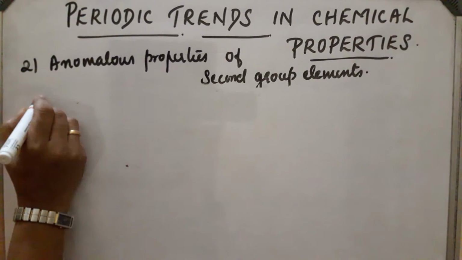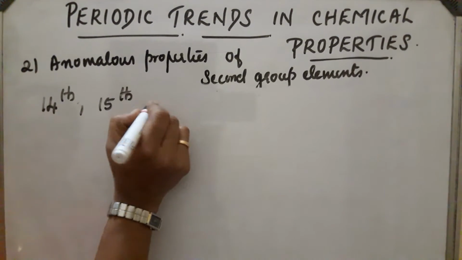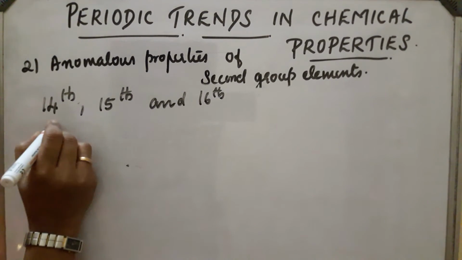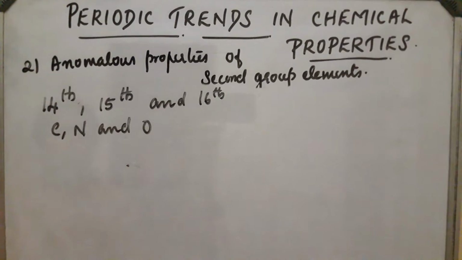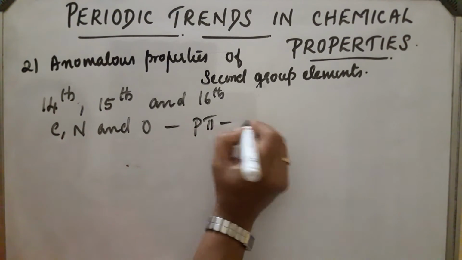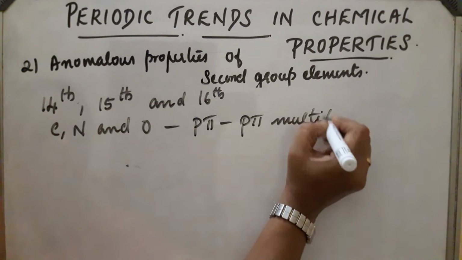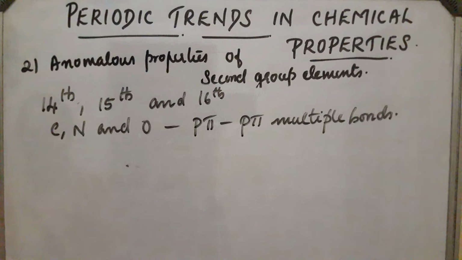Next groups, that is 14th, 15th and 16th group. The first elements are carbon, nitrogen and oxygen. These have anomalous properties, that is, they form p-pi multiple bonds compared to the other elements in the respective group.